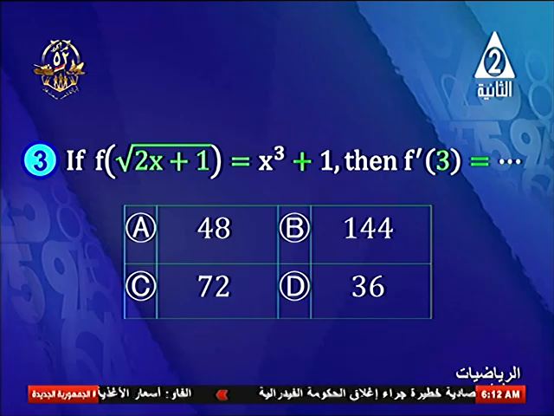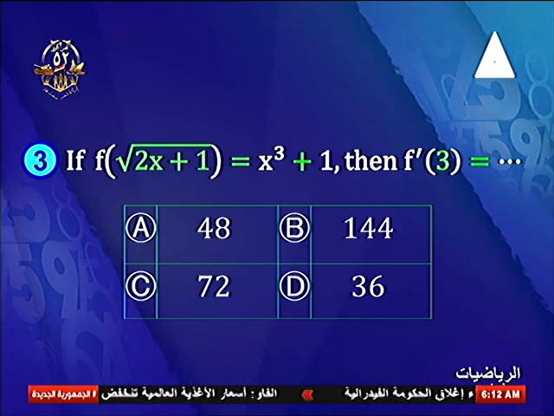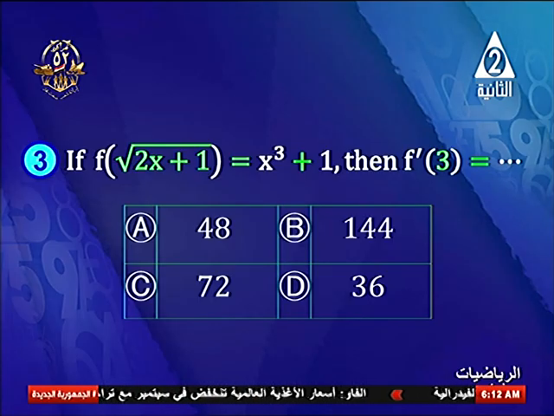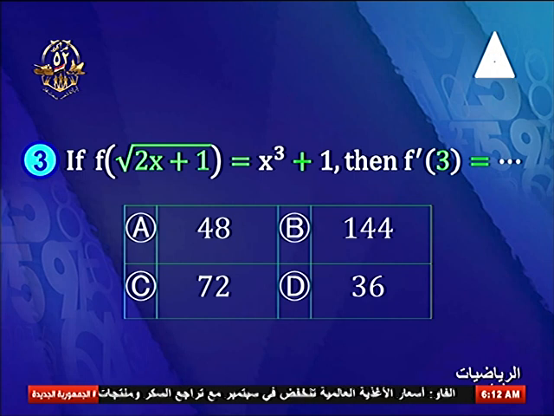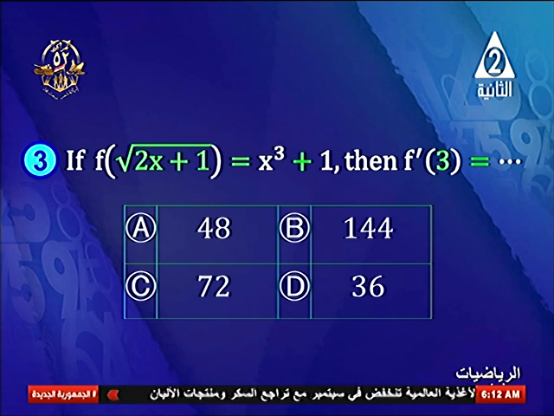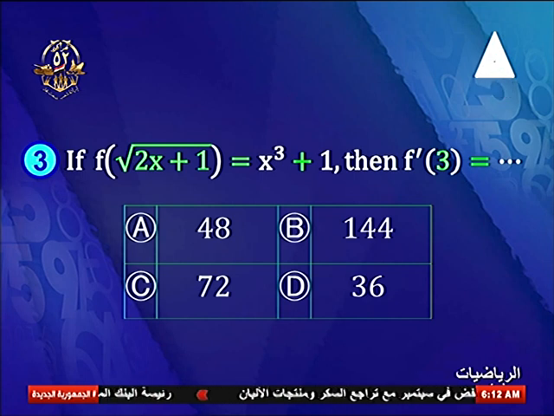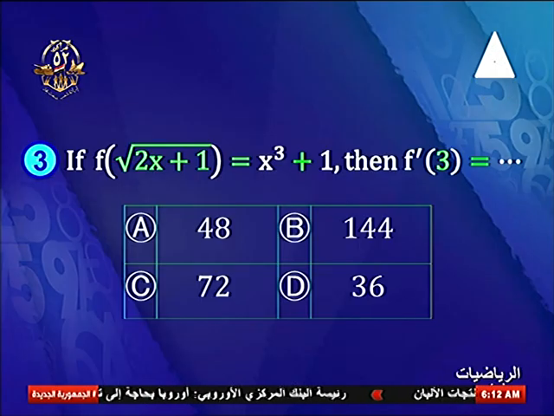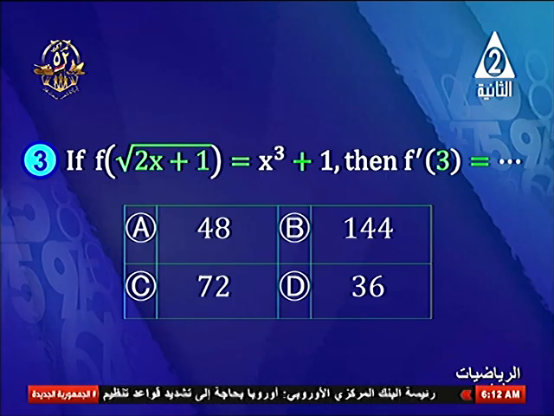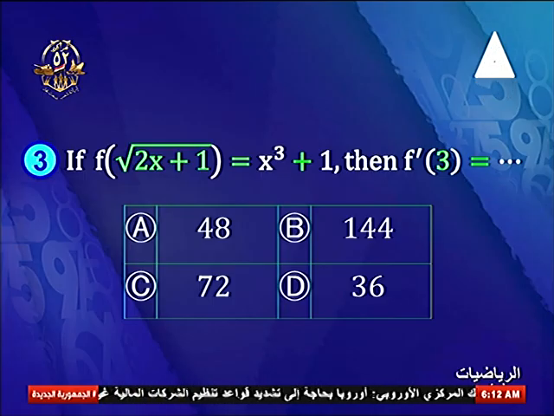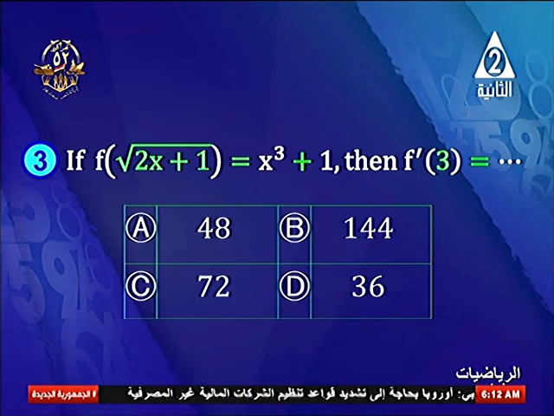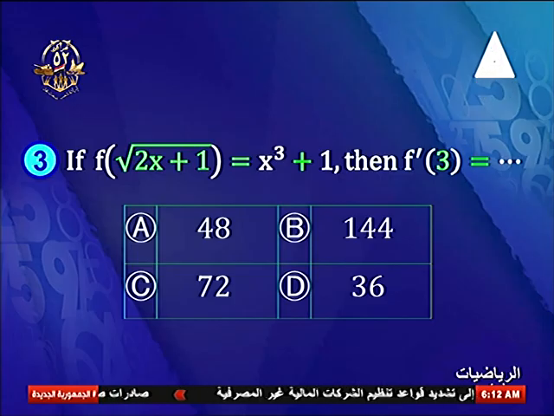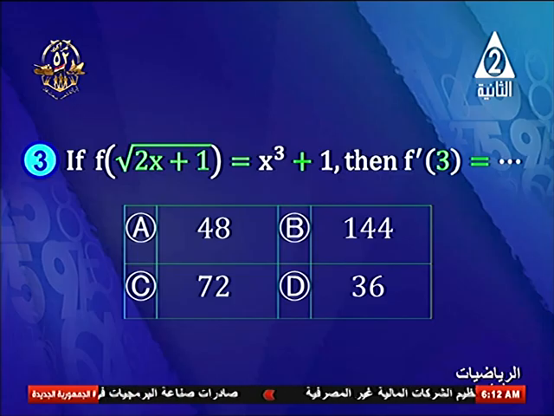F dash of 3, by the same method. If we have the first derivative of a square root, we know that it is 1 over twice the square root multiplied by the derivative of the inside. Look at square root 2x plus 1.